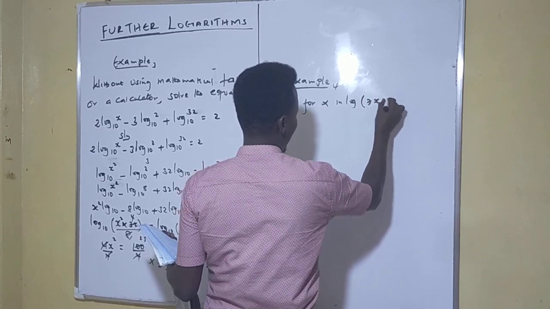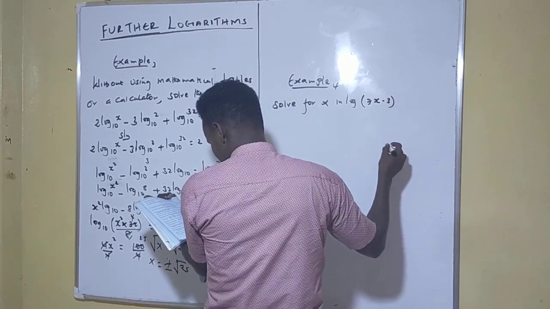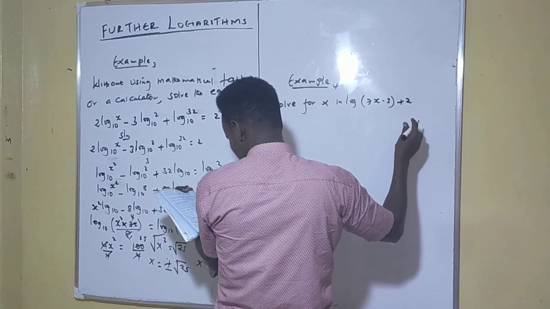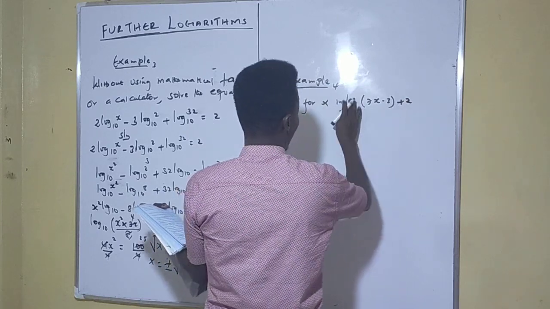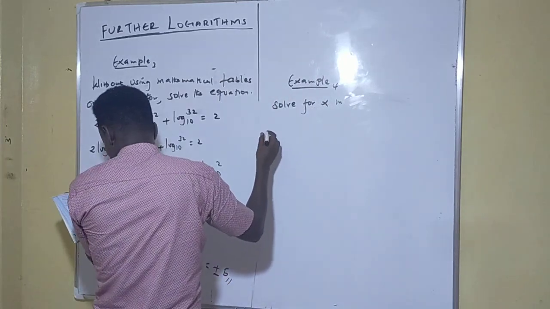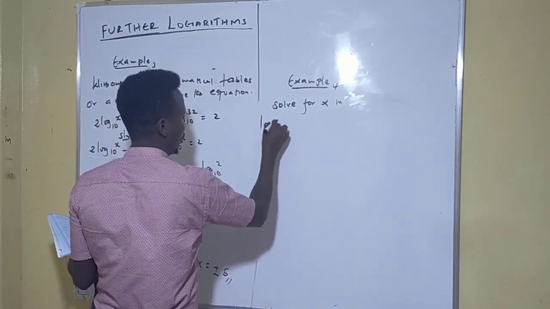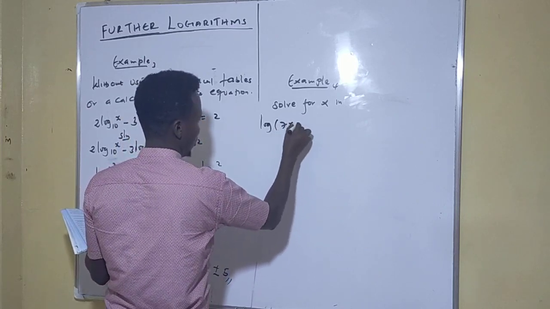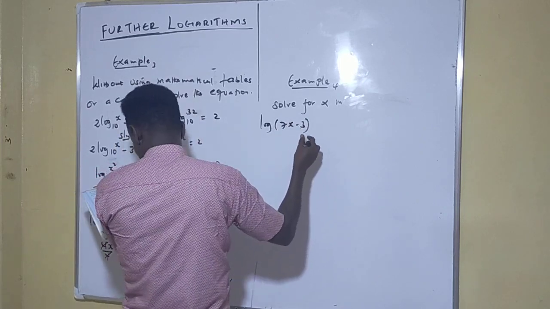You are told solve for x in log open the bracket 7x minus 3 plus 2. Or let me write here, sorry, instead. So it is log 7x minus 3. Check your time.